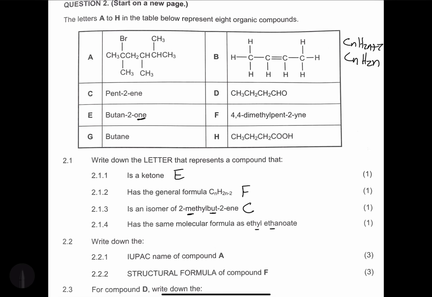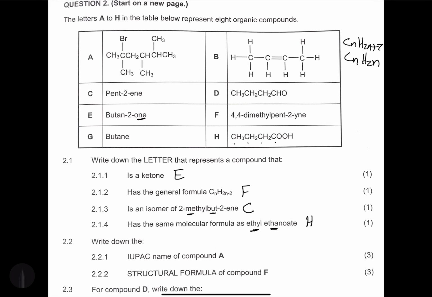So this ester has 2 carbons on the alcohol side, and 2 carbons as well on the ethanoic acid side. So it has 4 carbons in total. So we want an acid that has 4 carbons. So definitely that would be H. That's 1, 2, 3, and 4. So it is an isomer of that ester.